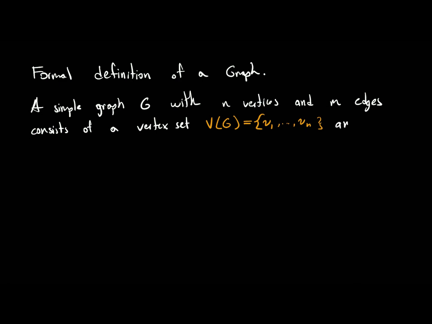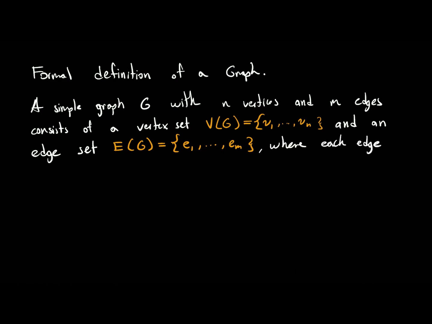And also an edge set, which we write as E of G, as the set of E sub 1 up to E sub m, where each edge is an unordered pair of vertices.